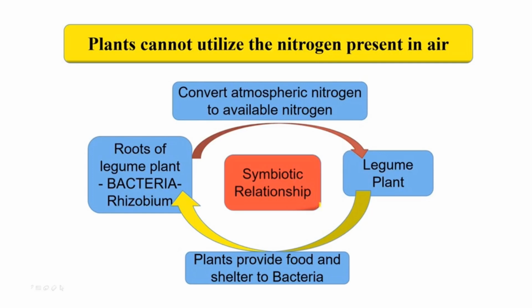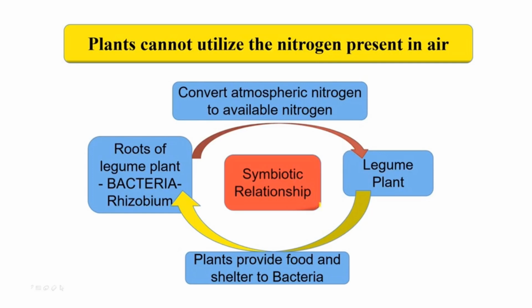They convert atmospheric nitrogen to a usable form that can be used by the plants for their growth. That's why the rhizobium is helping the plants.